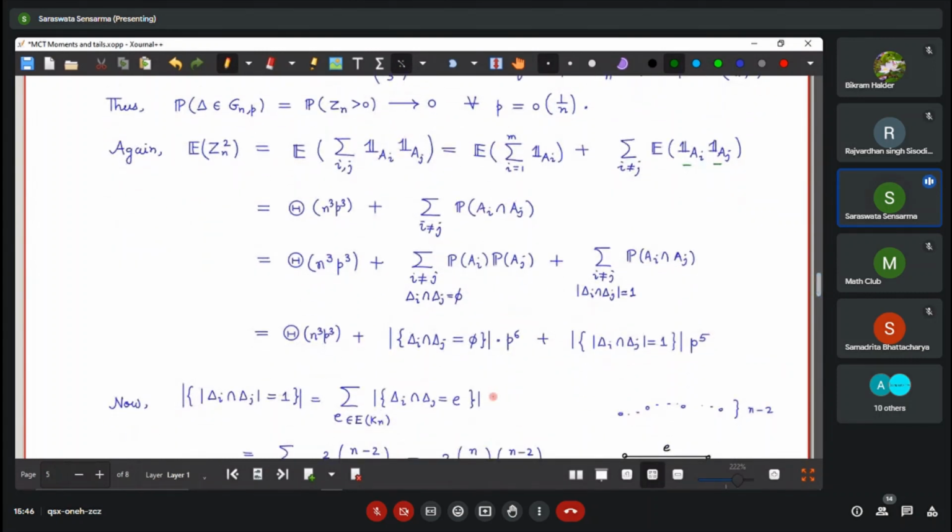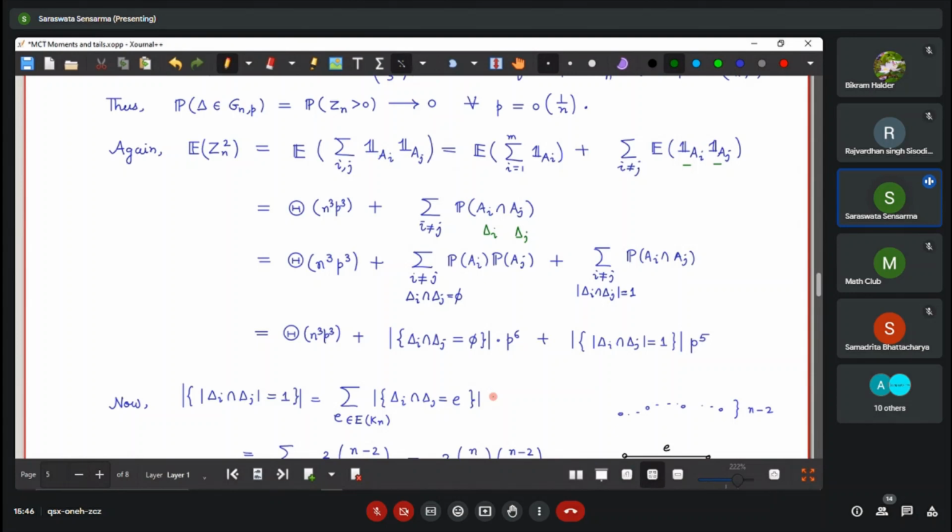So the first term is something of the order of n cubed p cubed. We don't need to worry about that. The second term, split it into two parts. This is the probability that both events occur: A_i is the event that delta i is in there, and A_j is the event that delta j is in there.